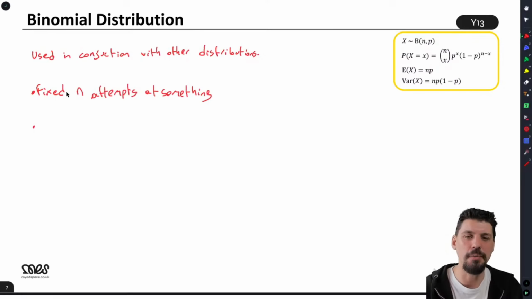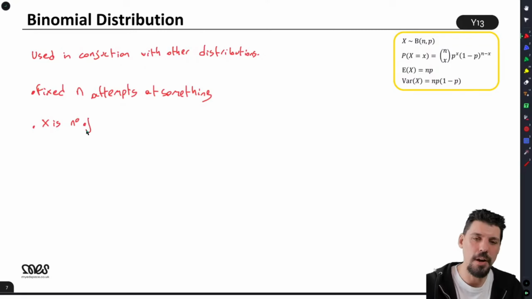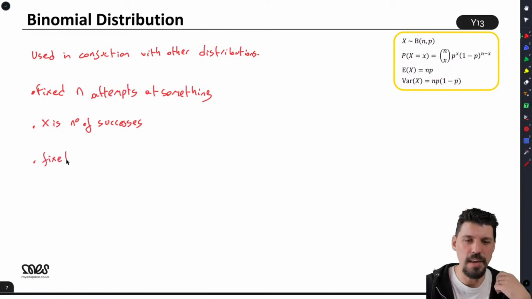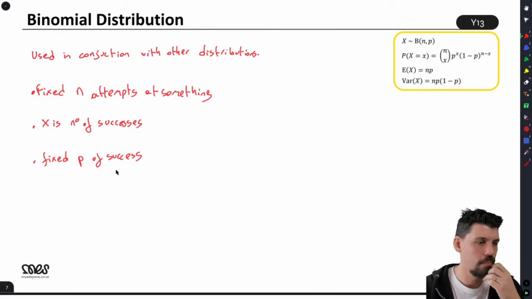If I try to do something a fixed number of times, and we're going to count the number of successes, whatever a success looks like, a success is just whether or not something has happened, and we have a fixed p of success.